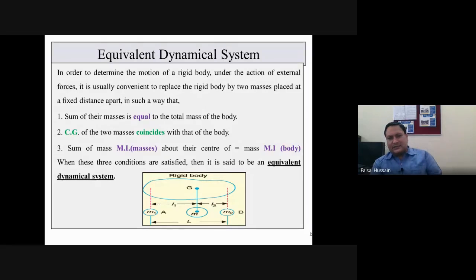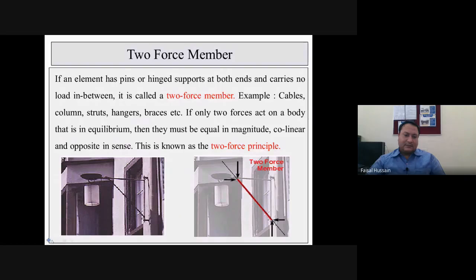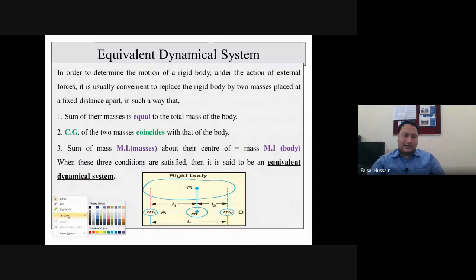If these three conditions are satisfied, then the system is known as the equivalent dynamical system. So these three conditions are: the first condition is that sum of their masses is equal to the total mass of the body. It means that sum of the masses, see in this figure here, will be equal to the total mass of the body.